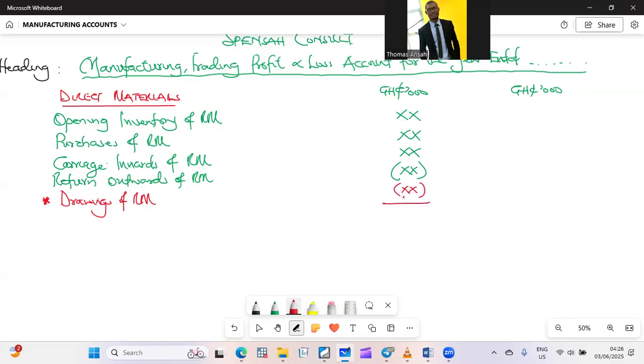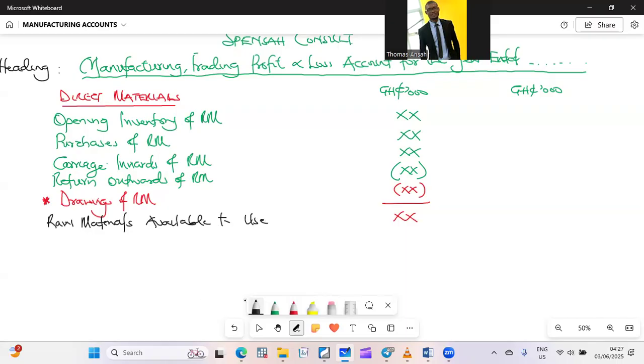All right. Now, when you total everything, what you get here is the raw material available for what? Not for sale. I hope somebody nearly says sale. It's not for sale. It's for use, for production. So raw materials available to use.